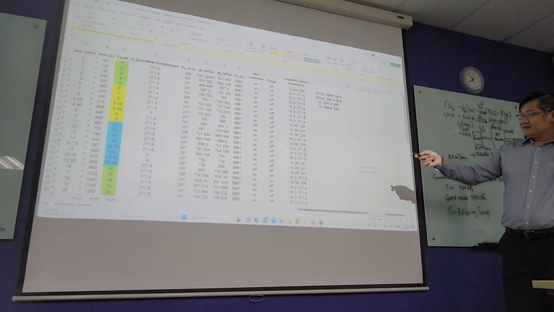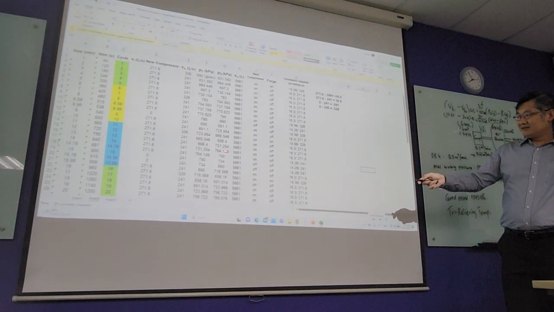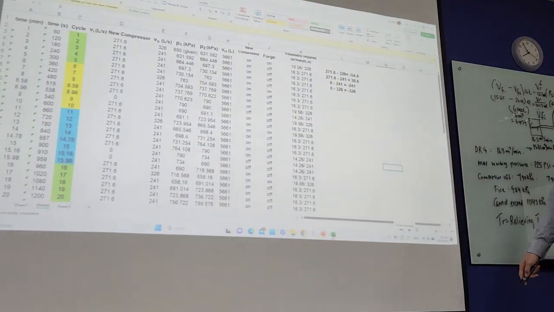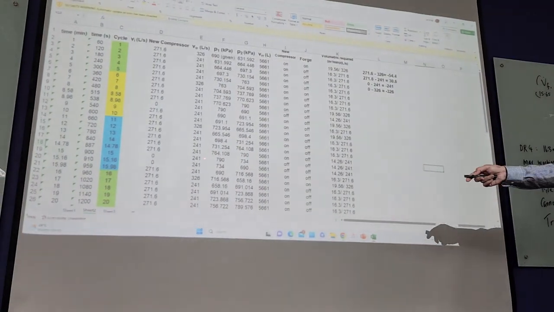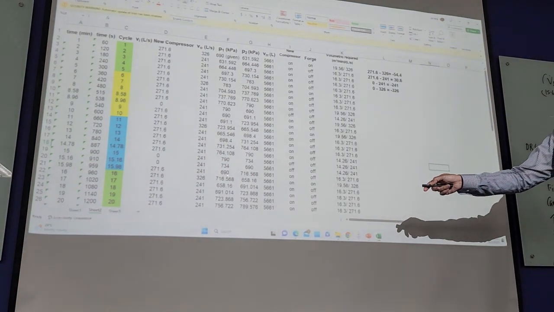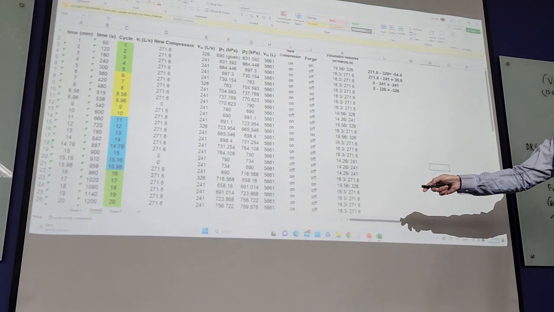On again. So if let's say your compressor below 690 have to be on, until this part. You can see more than 790 you have to be off. Then it will slowly come down to 734. 690 again have to power on again.